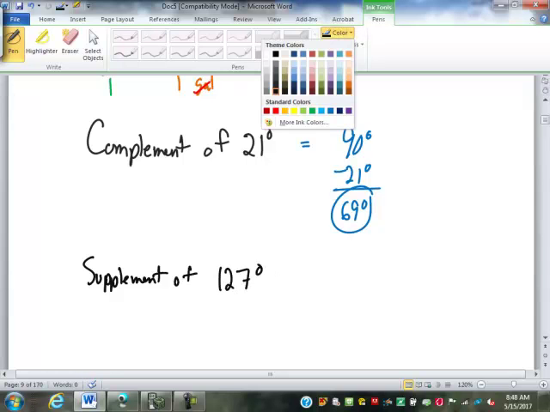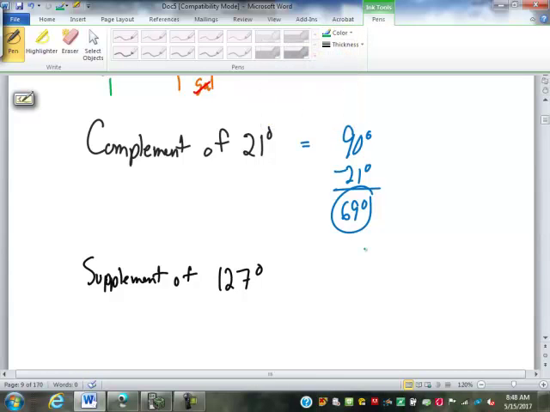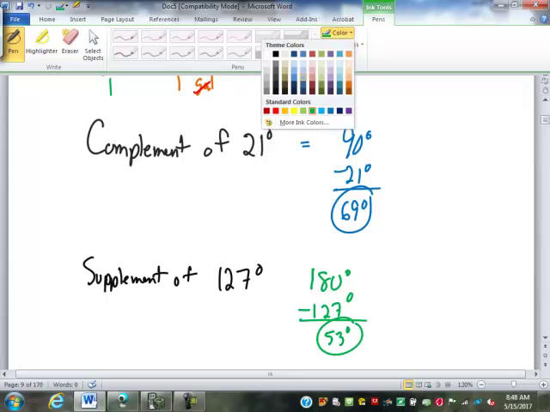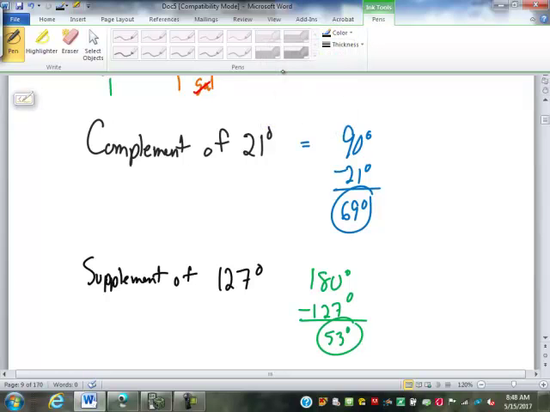If I asked you for the supplement of 127 degrees, what would we do? 180 degrees minus 127. 53 degrees. Any questions on those?